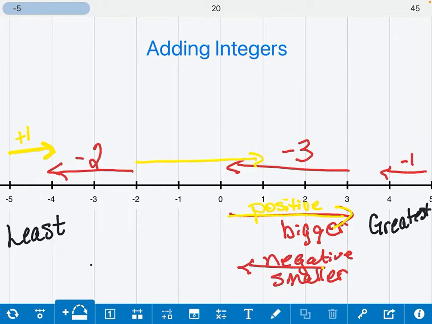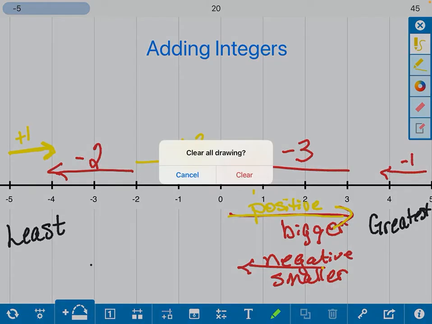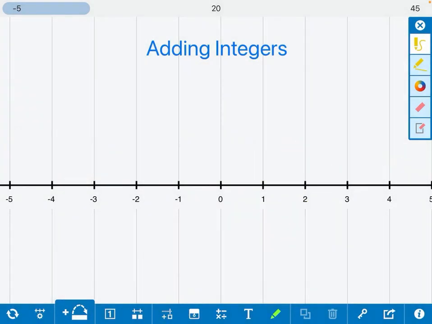This one would be a 1, 2, 3 value going to the right, so that's a +3. Okay, so that's just some basics of number lines before we actually do some problems.